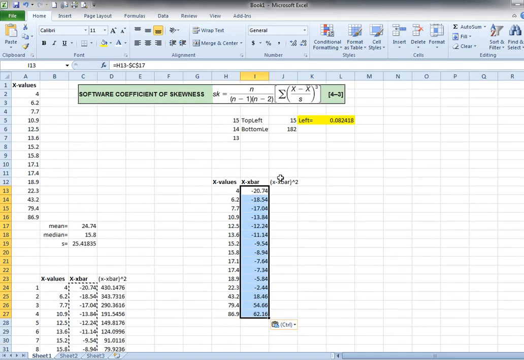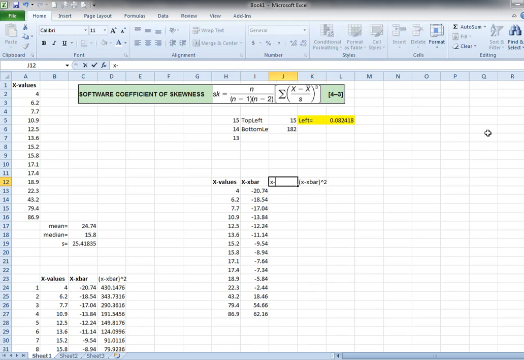Okay, good. And then it says, oops, this is not exactly right, is it? Then it says a couple things. It says then divide x minus x bar by the standard deviation.